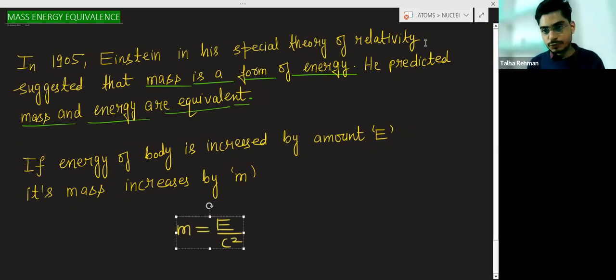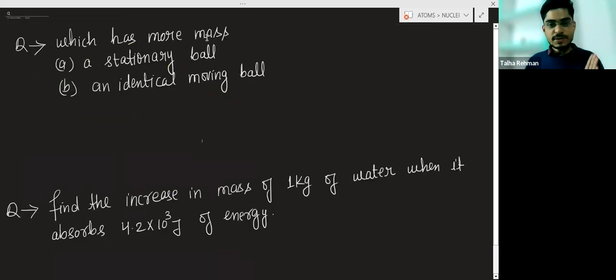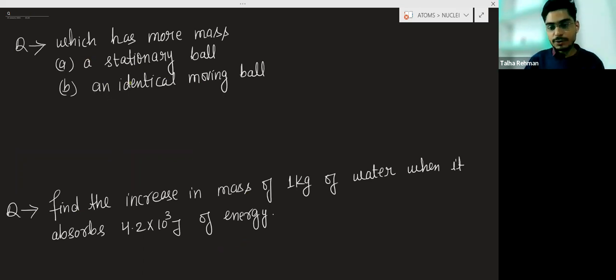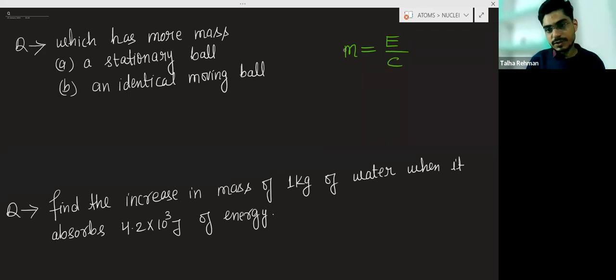Now, a few questions. Which has more mass: A, a stationary ball, or B, an identical moving ball? According to Einstein, if you are giving energy E, then this much mass will increase. This is the increase in mass, and this is the energy given.